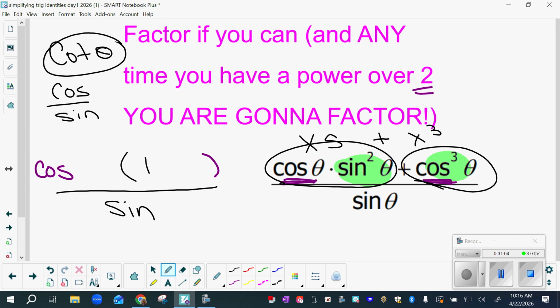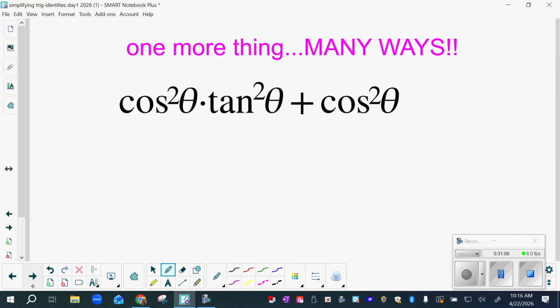I got one last one as I'm passing out your homework. I did this problem last year, and I did it with factoring. I factored a bunch of stuff. Then another student said, Miss T, I got the same answer as you do, but I did it a completely different way. And my answer to all of you is: good for you, because there are lots of ways to approach this.